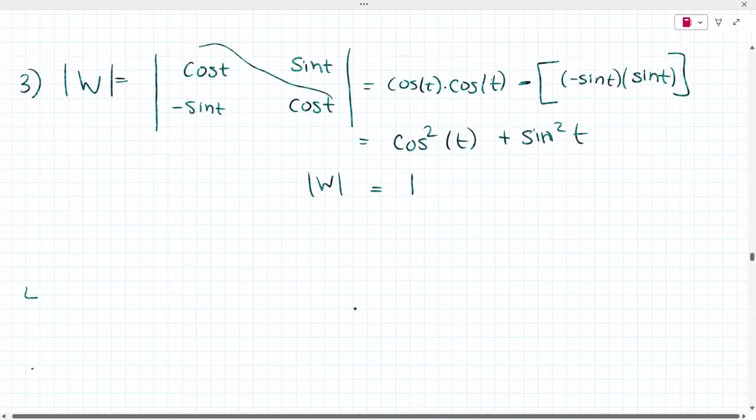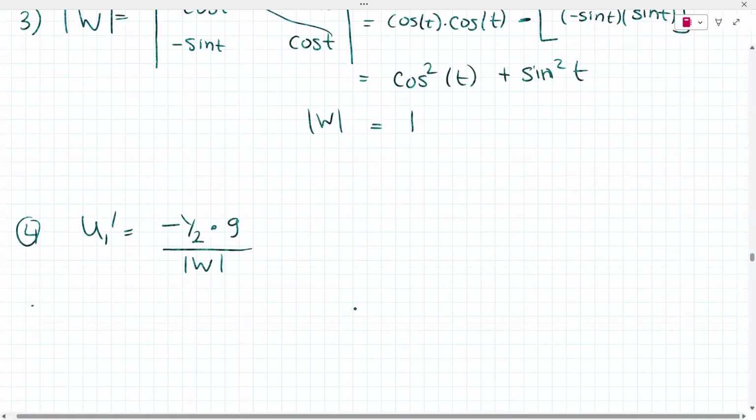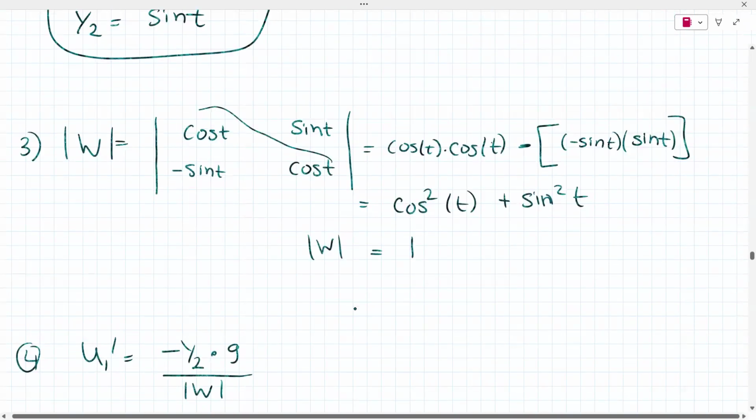Okay, step 4, you're going to find u1 prime and u2 prime. Let's find our u1 prime, which is negative y2 times g over the Wronskian determinant. We have everything we need.